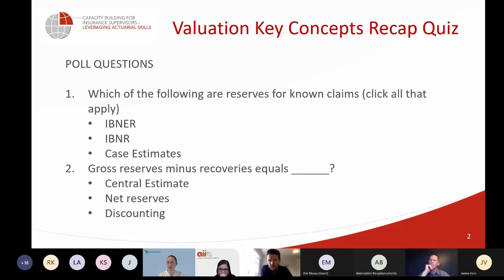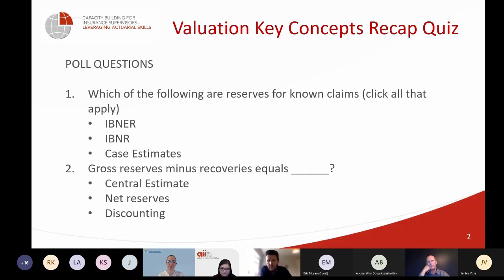So if you know about a claim, then you will have a case estimate on that. So that's the straightforward one. You usually will have a case estimate on that. But then when we think about what is IBNER, IBNER is meant to be incurred but not enough reported.